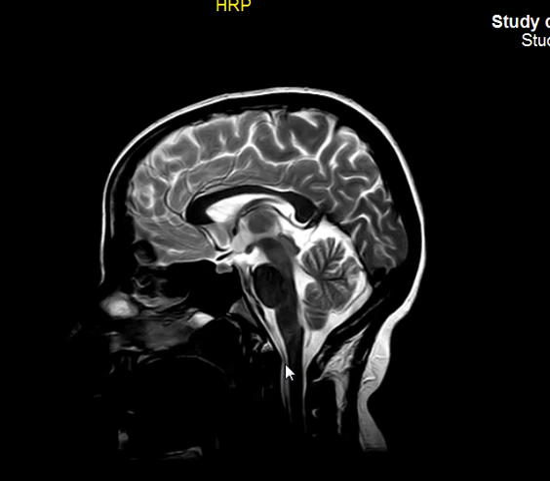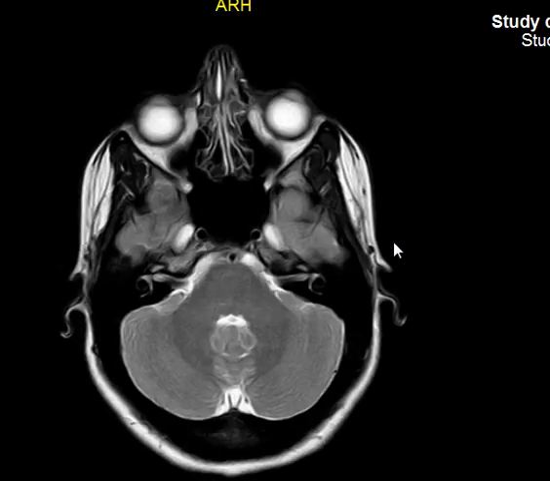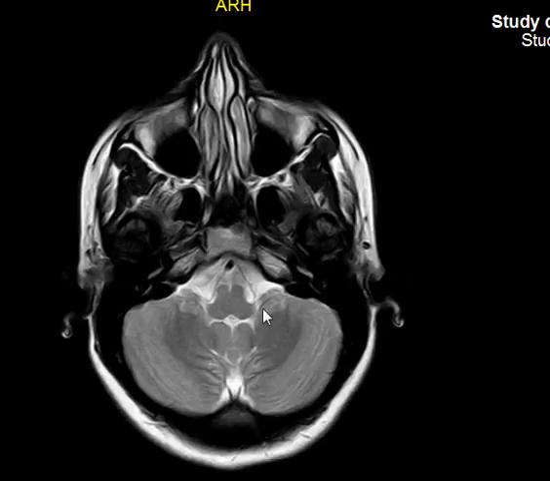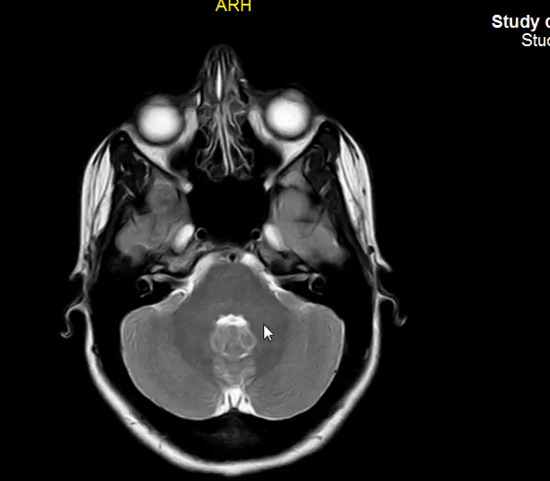So, the cerebellum consists of two cerebellar hemispheres, right and left, and it's connected with the brainstem by three peduncles: the inferior, middle, and superior cerebellar peduncles. The biggest one is the middle cerebellar peduncle, connecting the cerebellum to the pons. So this is the pons.